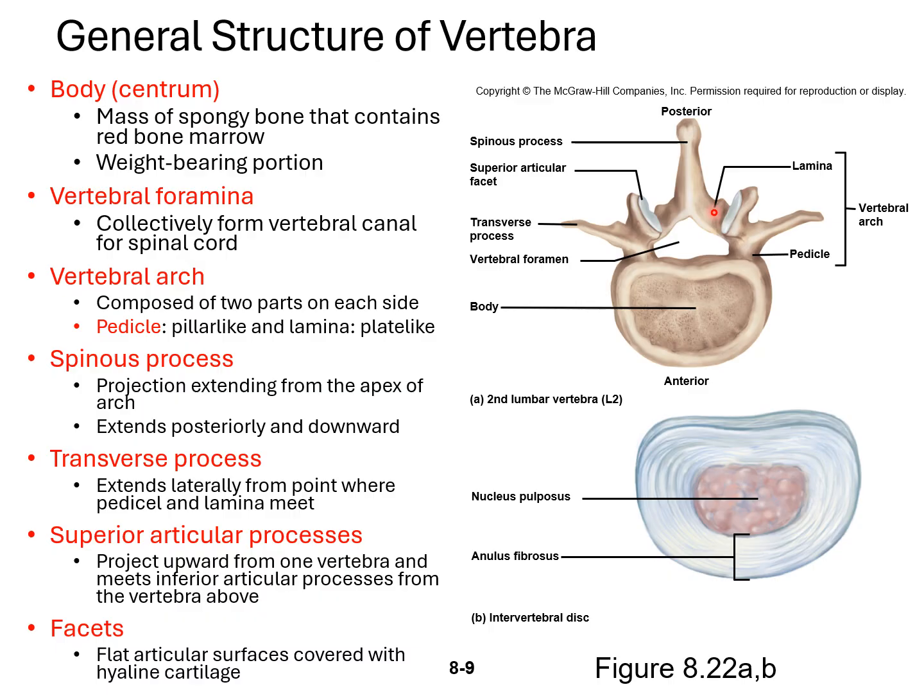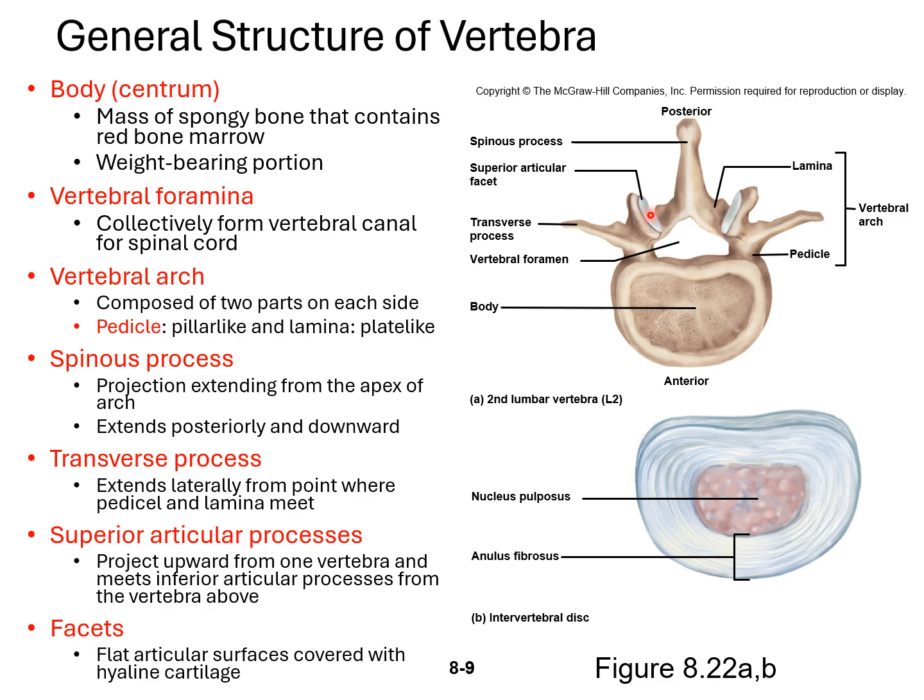One thing to think about with the lamina: if you have any type of hernia in the back where some of this, the nucleus pulposus, starts to bulge into the vertebral foramen, they can remove the lamina on both sides, and remove the spinous process, in something called a laminectomy, which allows more room for the spinal cord to move around and doesn't cause as much pain.